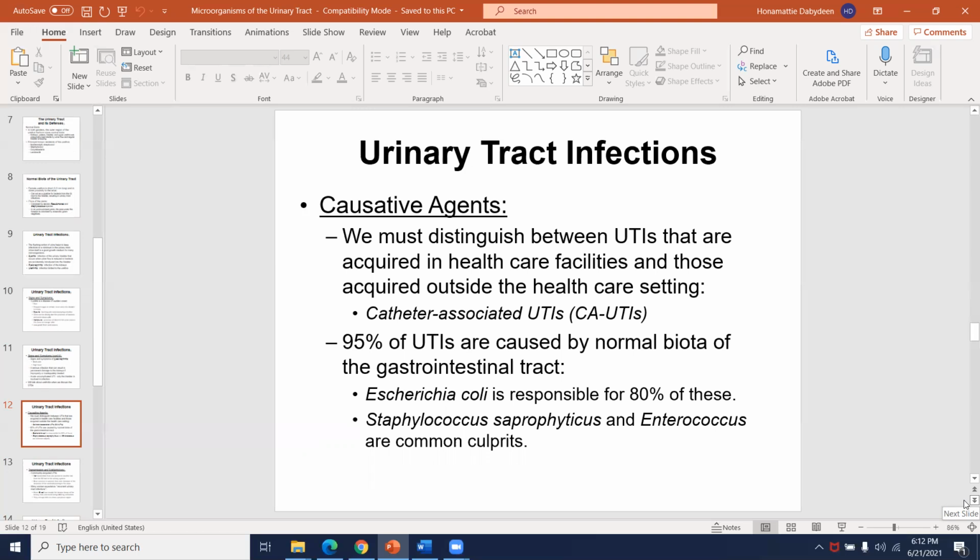But 95% of your urinary tract organisms are actually normal flora of the gastrointestinal tract. And I cannot impress upon you how important that is. Because of that, it is very important for you to understand how easy it is to contaminate yourself.